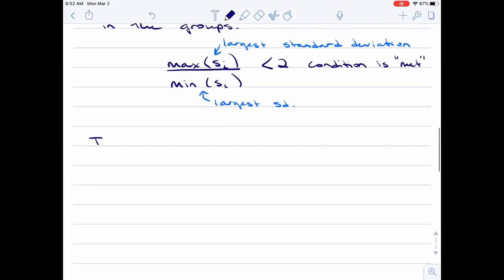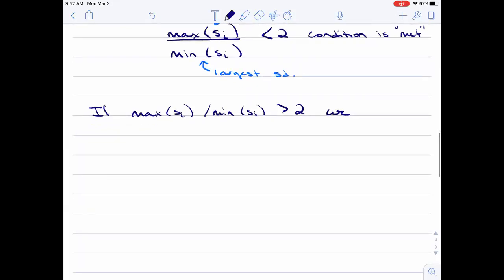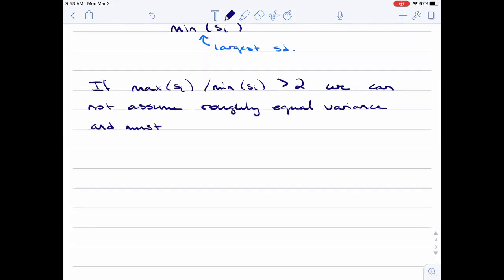So if max s_i over min s_i is larger than 2, we cannot assume roughly equal variance and must consider a re-expression or a transformation of the response.